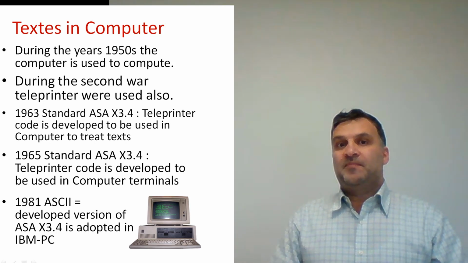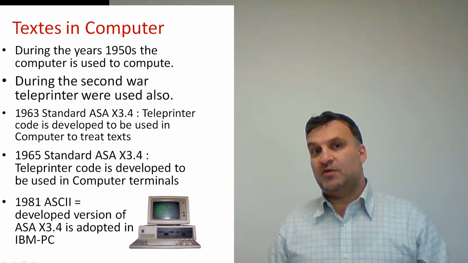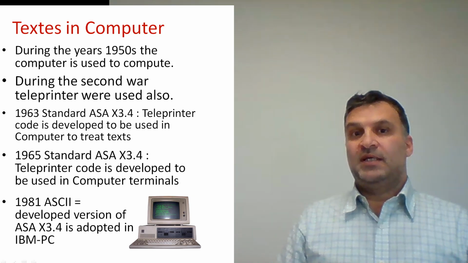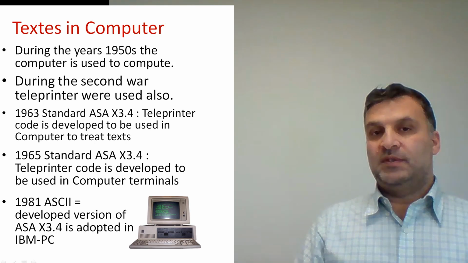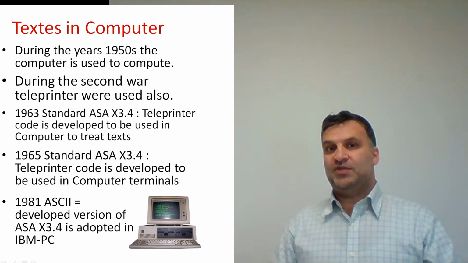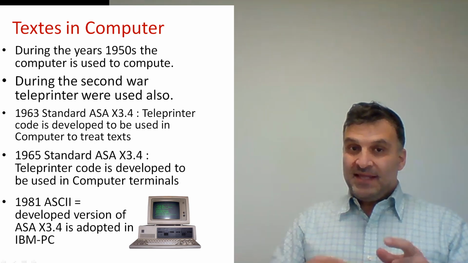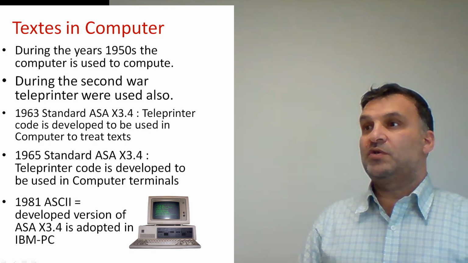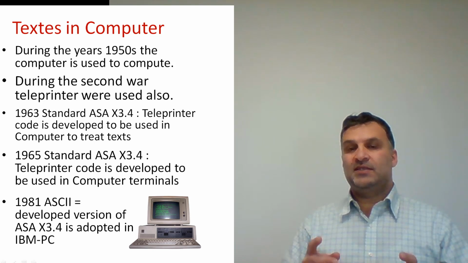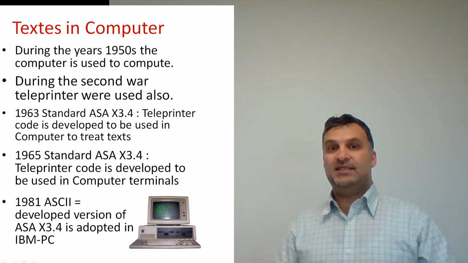At the same time, as we presented in this course, we used the telegraph and Morse code in order to communicate messages and letters. By that time, Morse code was developed in order to create some standards to send texts between cities and states.